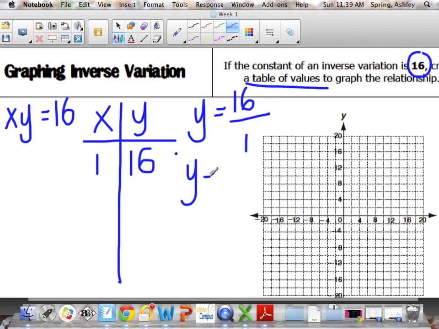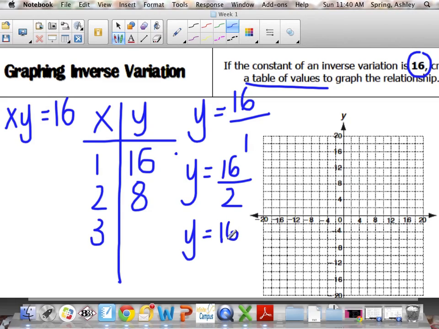If I want to know what is the output when the input is 2, I plug in y equals 16 over 2. When x is 2, y is 8. Now if I chose 3 as a value I wanted to input, y equals 16 over 3. I don't get a nice neat whole number, so I might not use that for one of my x values.